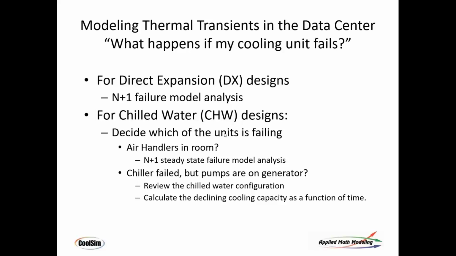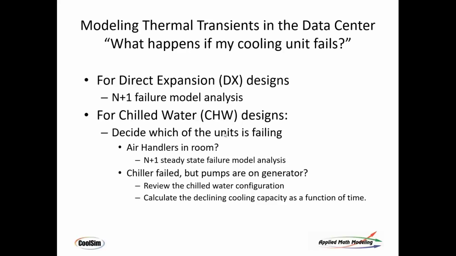All you do is switch off one of the units, typically in a round robin fashion until you've looked at all of them. I encourage those of you who are doing design to look at all of them because geometry makes a difference, location makes a difference. Air handlers don't all reject the same amount of heat. There's a distribution based on their physical locality in the room, and therefore it depends on the geometry, it depends what's going on.